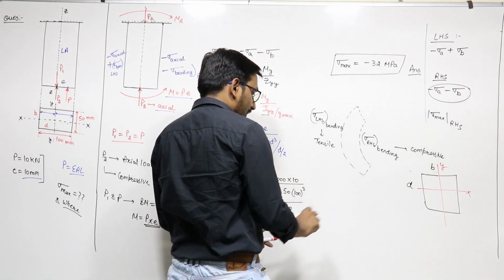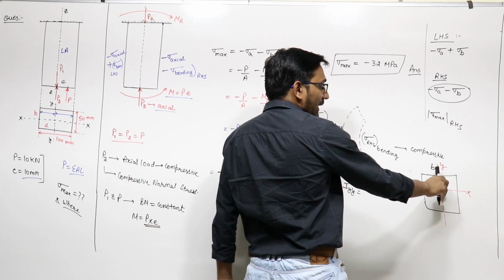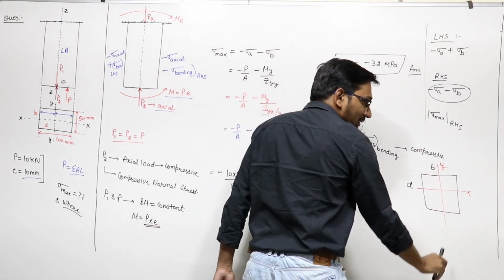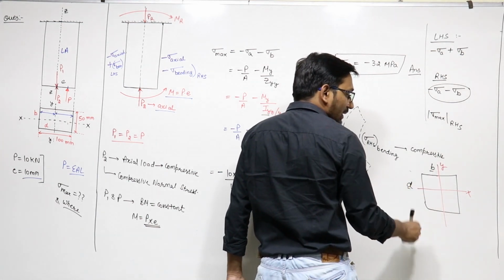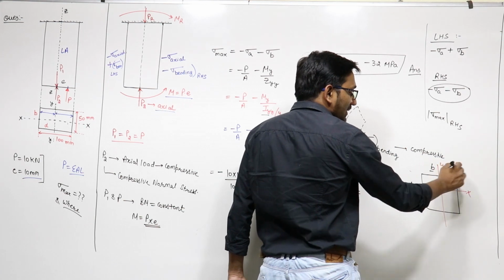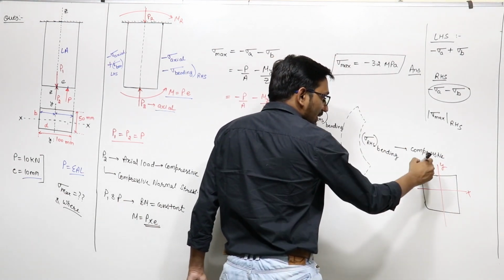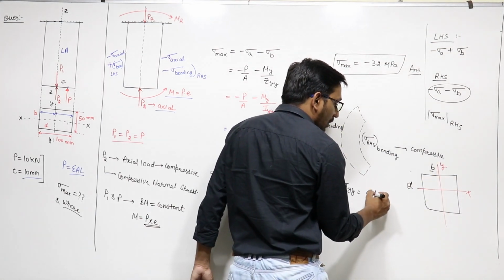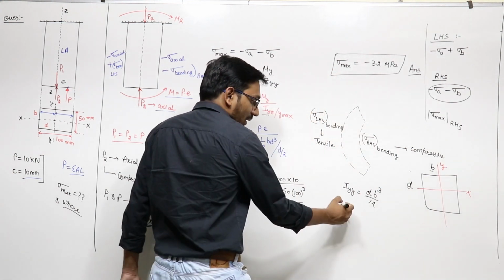How to remember: Iyy is equal to, if you want to find this, the dimension which is cut by this axis, there are two dimensions b and d, the dimension which is cut by this axis is b. So the moment of inertia is d, the dimension which is cut by the x is the cube of this, db cube upon 12.